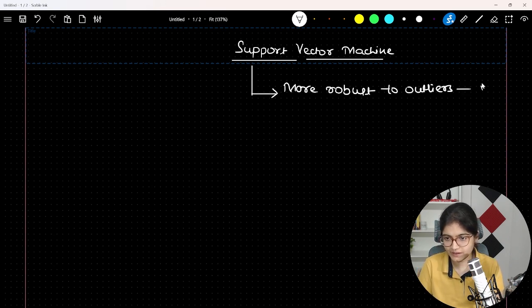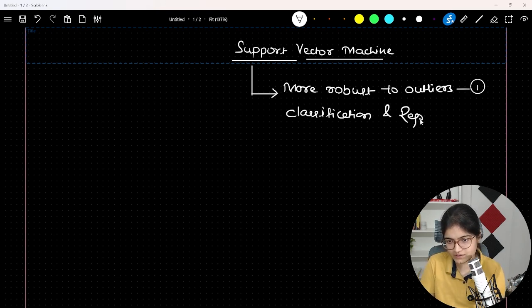Another interesting thing apart from this robustness to outliers is that this algorithm is beneficial for a variety of tasks, whether we are talking about a classification task or a regression task. In both scenarios, you will observe that this algorithm is very widely used.